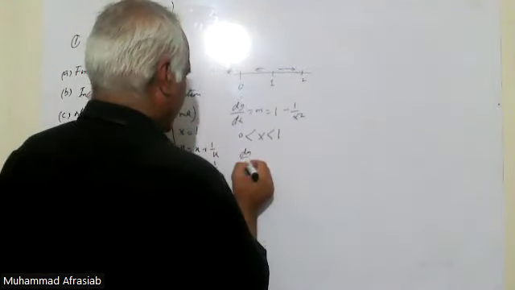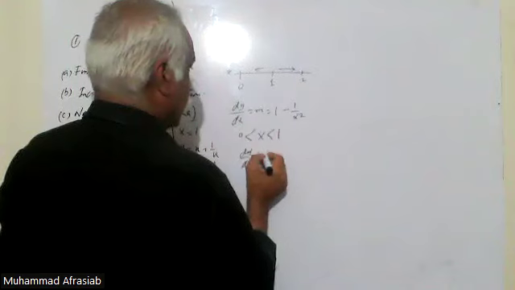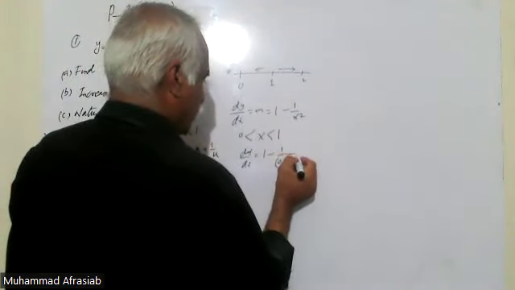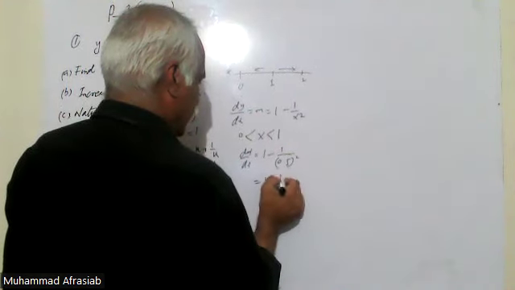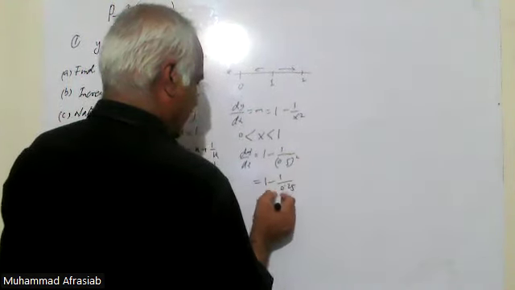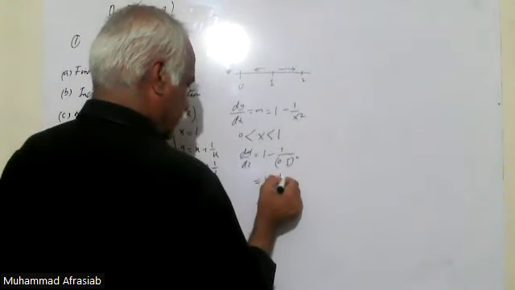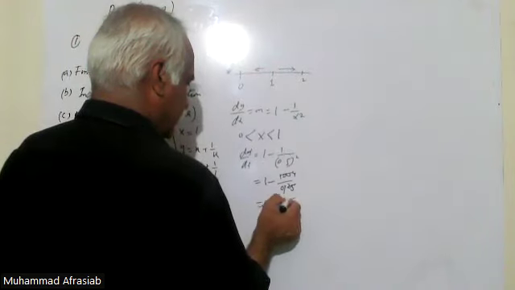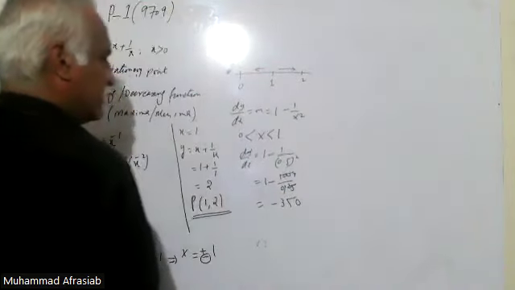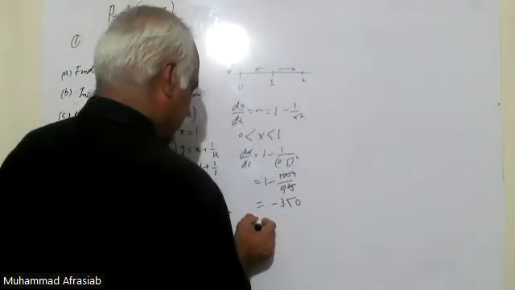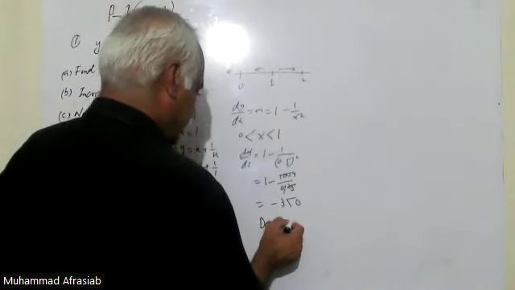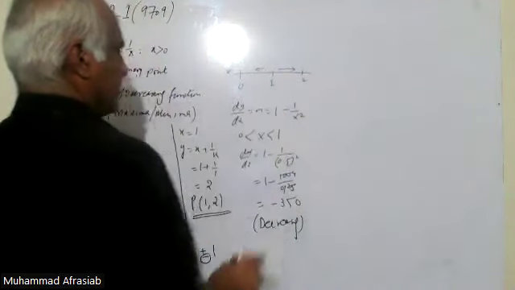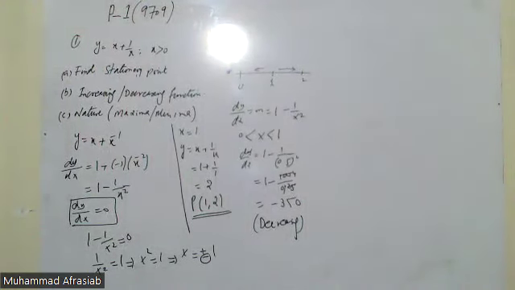So dy by dx is equal to 1 minus 1 over 0.5 whole square, or that is equal to 1 minus 1 over 0.25, and that is equal to minus 3, which is less than 0. So it is a decreasing function when x lies between 0 and 1.